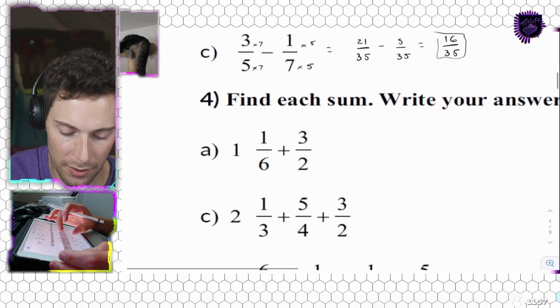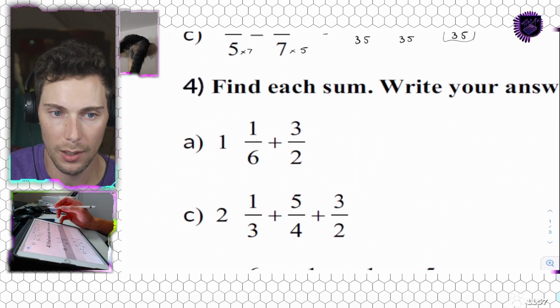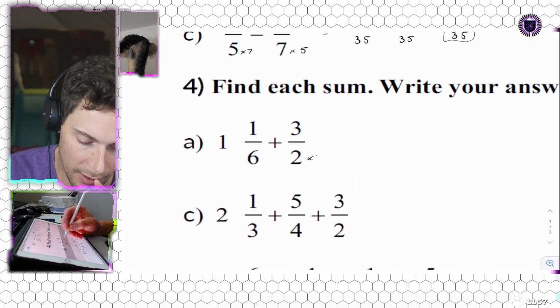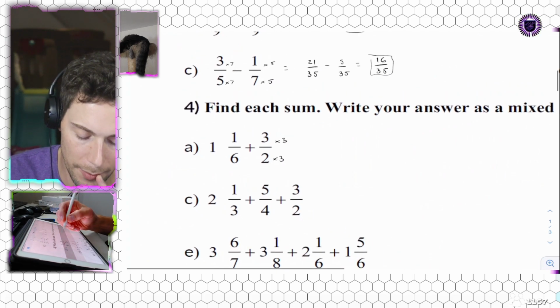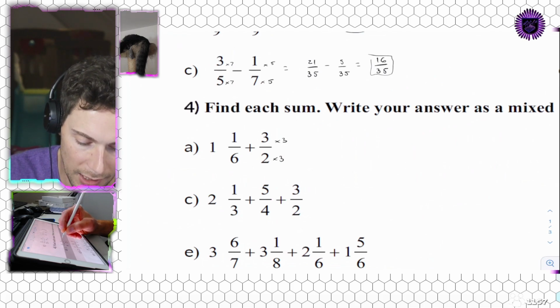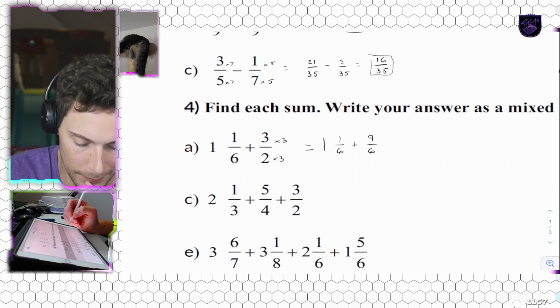All right, so now we need to do some adding here. Section 4, question A. Working with one side, times 3, times 3. Multiply our top to have a common denominator. So this is going to be equal to 1 and 1/6 plus 9 over 6.